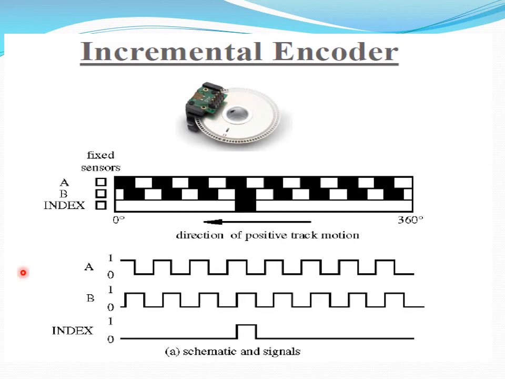This is how the incremental encoder physically looks. It has a rotating disc with a sensor on top of it, and this is how the two pulse channels, A and B, are generated at a 90-degree shift on the fixed sensors.